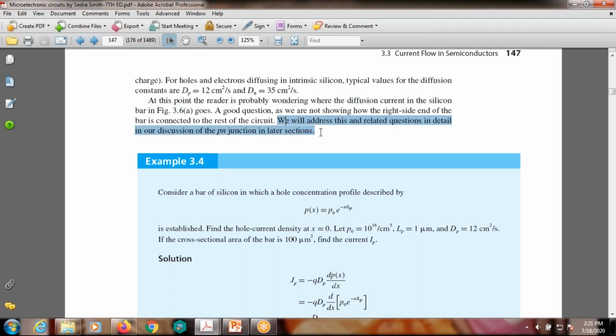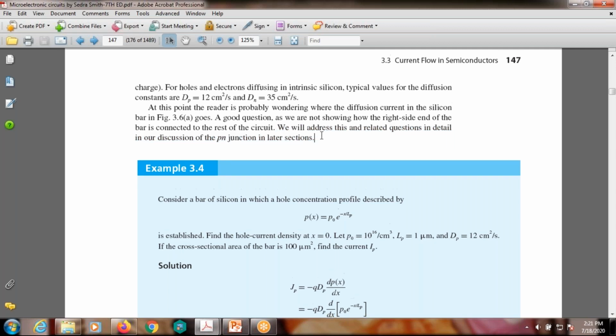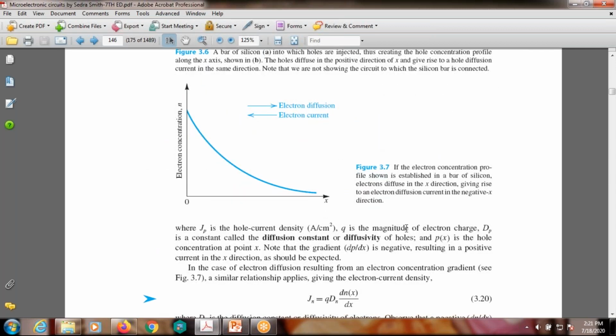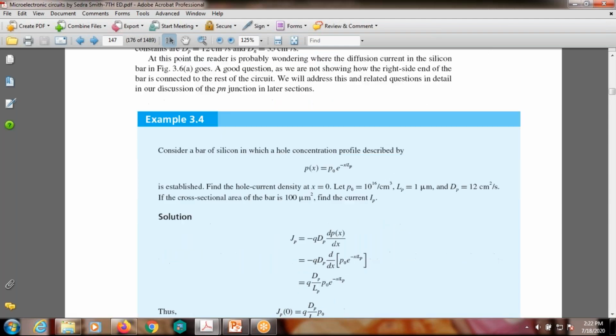We will address this and related questions in detail in our discussion of the PN junction in a later section. That means we are not connected on the right side. When we consider the PN junction, with p-type material and n-type material, we will discuss in detail diffusion current as well as drift current.